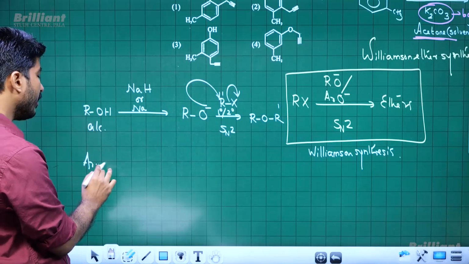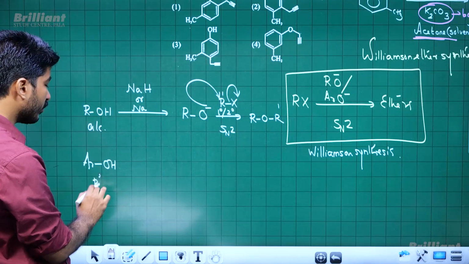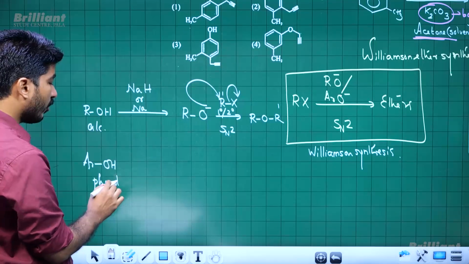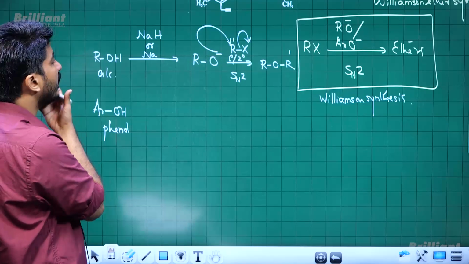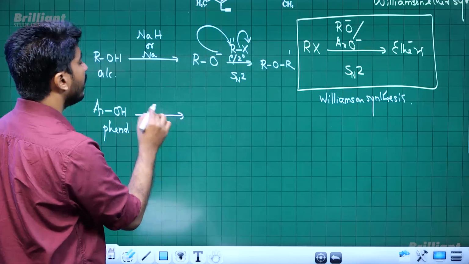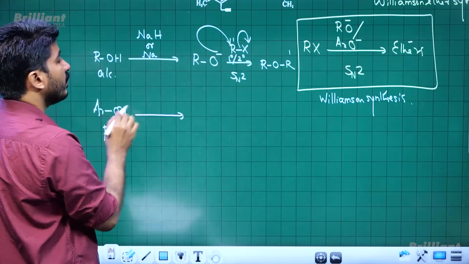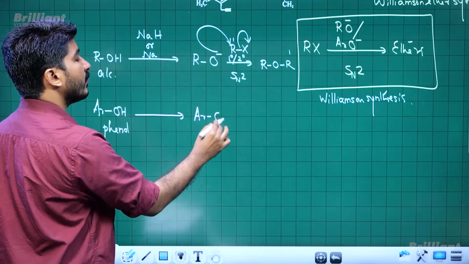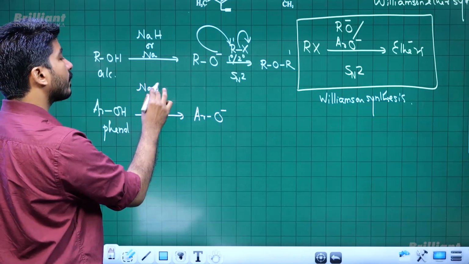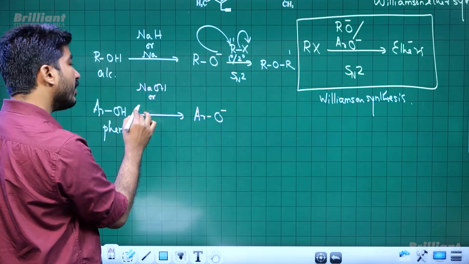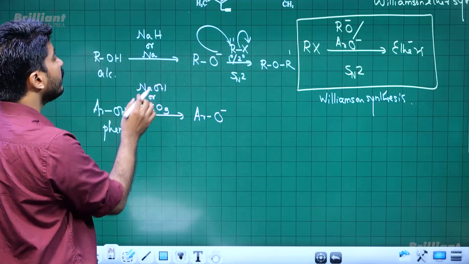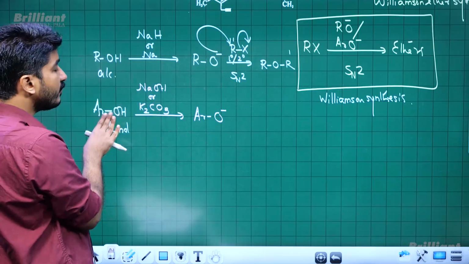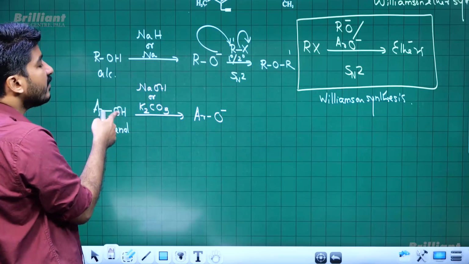And phenols are more acidic, you know. Phenol's pKa is 10. It is a million times more acidic than most alcohols. So if we take phenol, we can use weak bases as well for phenoxide formation. We can use NaOH, or a carbonate like potassium carbonate. These are weak bases, not very suitable for alcohols, but very suitable here because this is a highly acidic hydrogen.